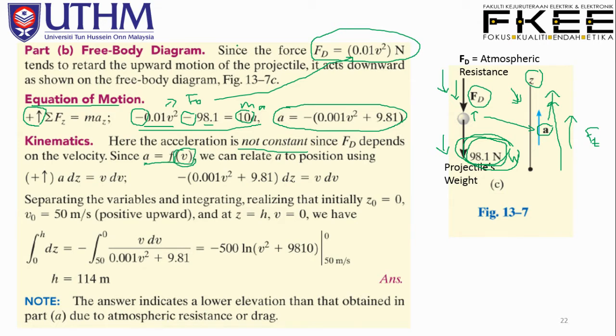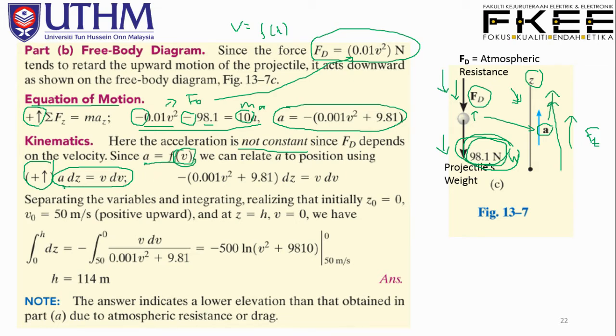All right. So if V is a function of time, for example, then we have acceleration A, which is a function of V. Okay. So we can relate A to position using, again with upward positive, A dz equal to V dv. According to this relationship, we are able to do the derivation and solve this situation.